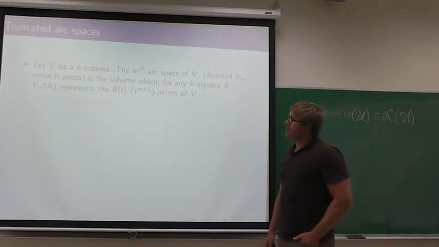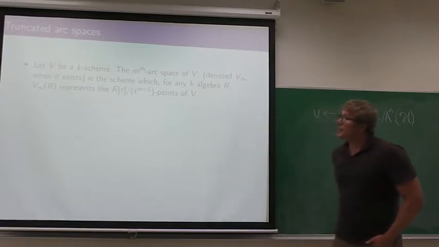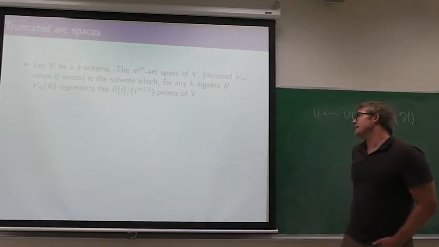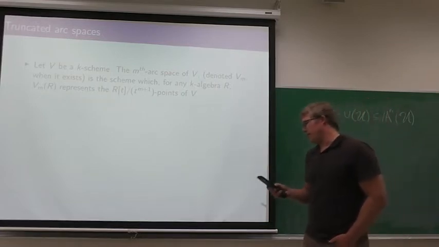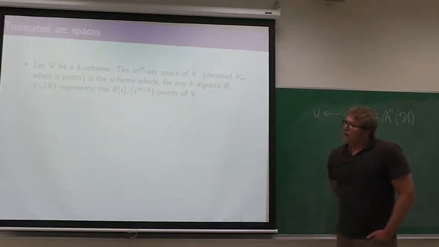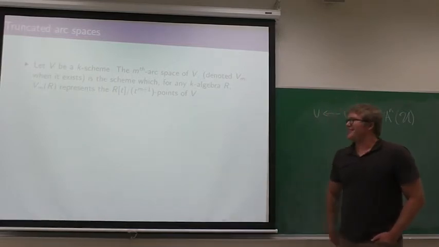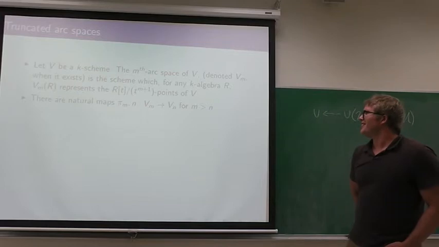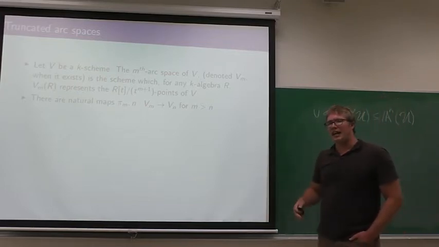What I mean is that the mth arc space is a scheme which represents the T mod T to the m+1 points of the original variety V. It's a definition, but you can actually write it down generally.